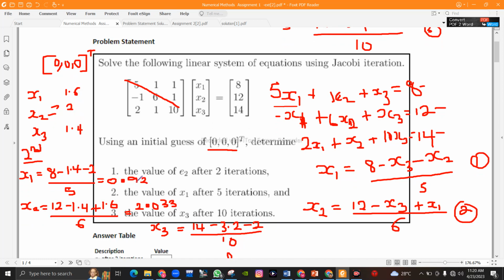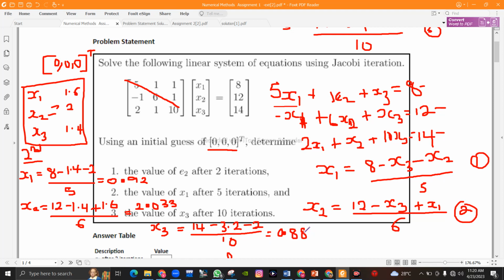We are not taking the new values, which we would be doing in Gauss-Seidel. So we are going back to our reference values. This is where we are going back to get all our x1, x2, and x3. So we calculate this, and we get 0.88. That's the new value.